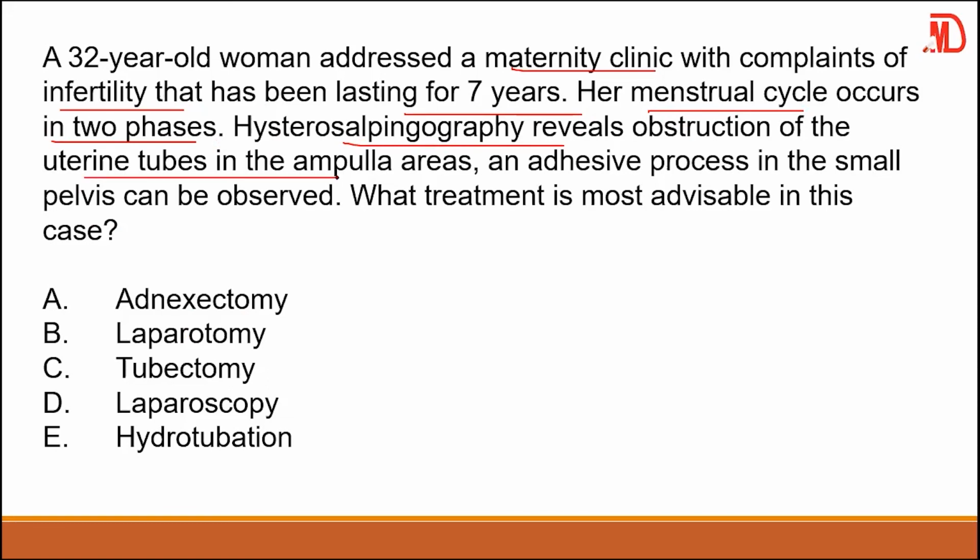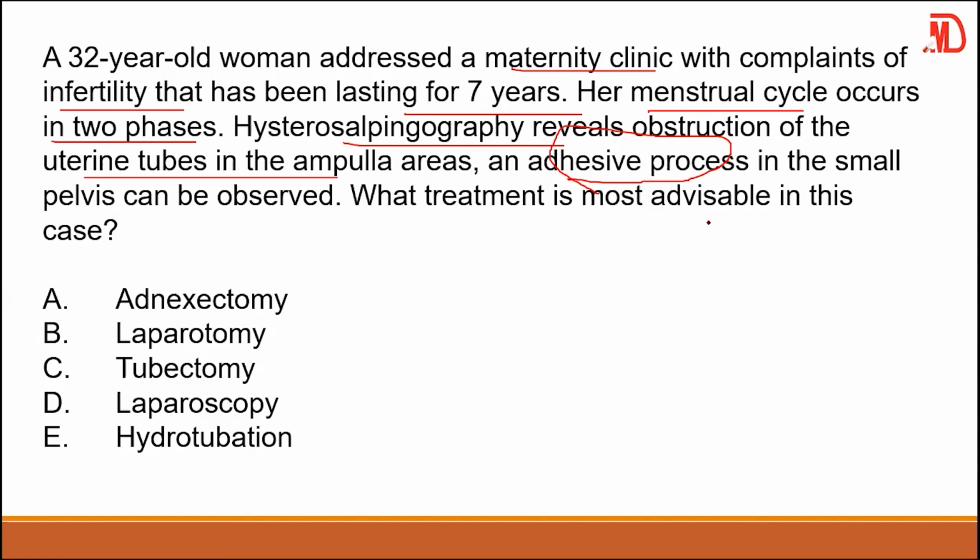So this is the reason why the patient is not getting pregnant. There is an obstruction, and there is an adhesive process. That means the tubes have attached themselves together, or something has attached itself to the mucosal lining. For that reason, we have an adhesive process in the small pelvis.